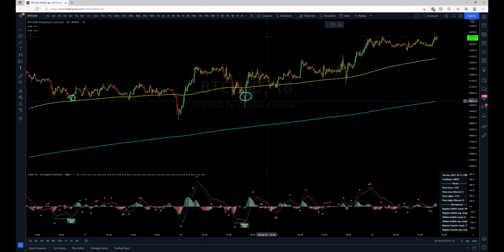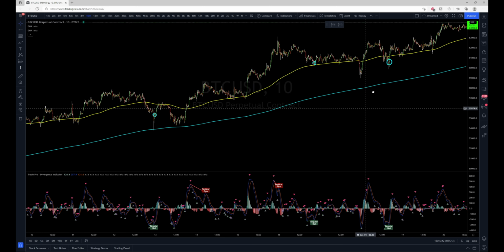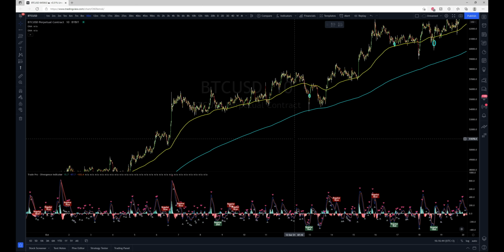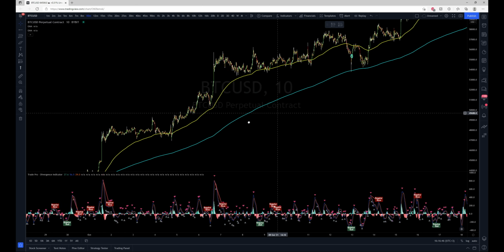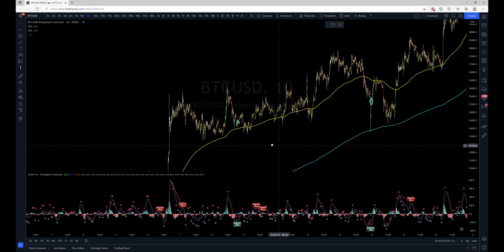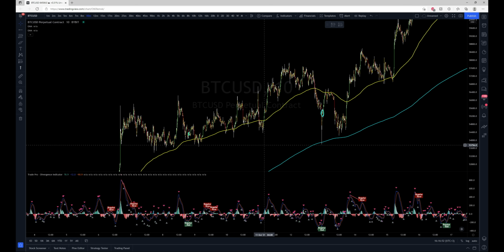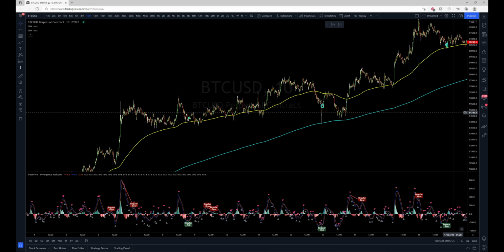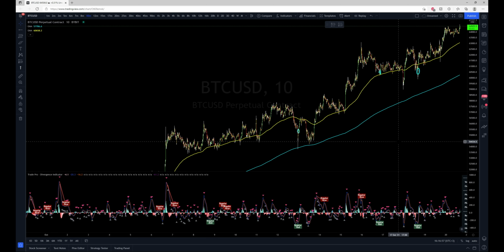So the strategy is looking for these regular divergences that go in line with the main trend direction. That's all we see on the 10-minute chart, and as you can see, these regular divergences really get you in at a good place. Remember, we're trying to get in on pullbacks, on dips, to enter into the trend at a discount.